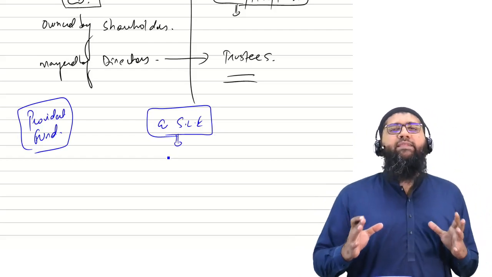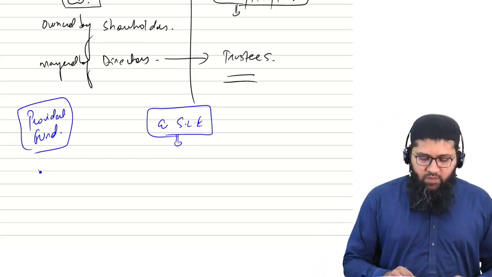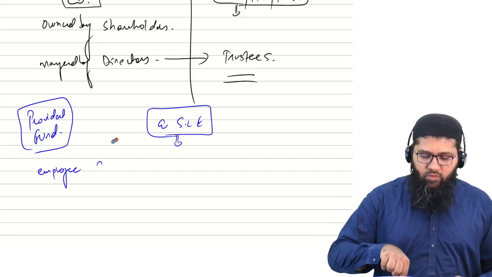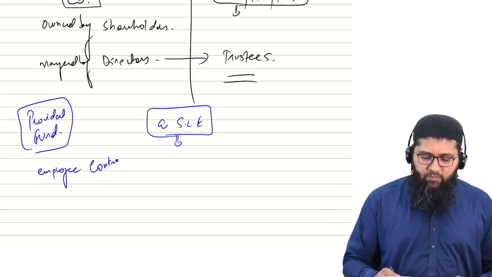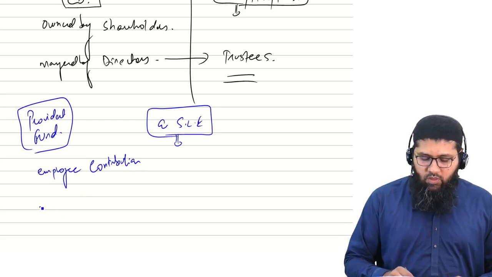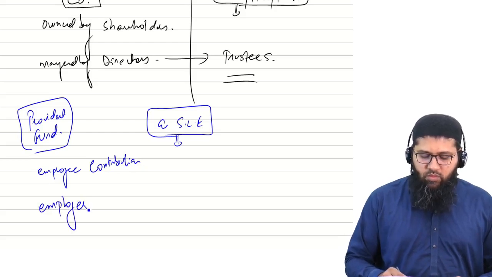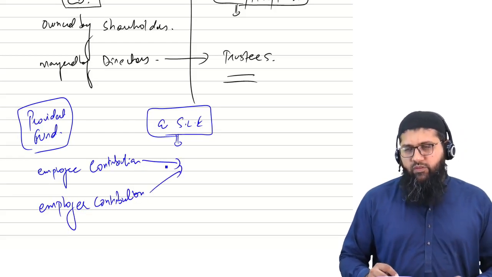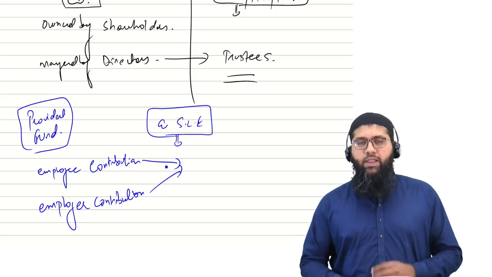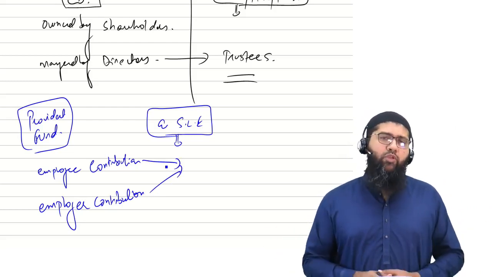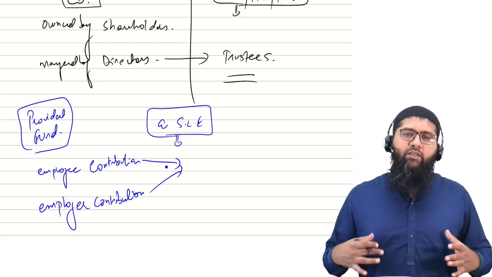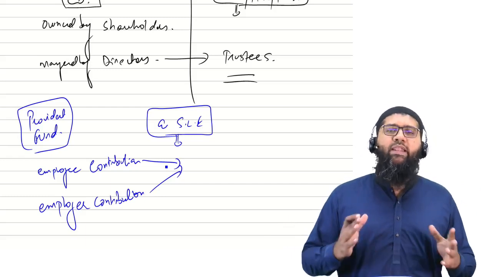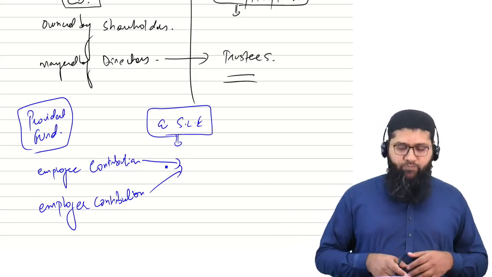The objective of creating that separate legal entity is that the employee contribution which is deducted and the employer contribution are all deposited in there. And it's not just about one employee, it's all the employees. If you've got 20, 30, 100, 300, 500, 1000, no matter the number of employees eligible for the plan, they're all included.